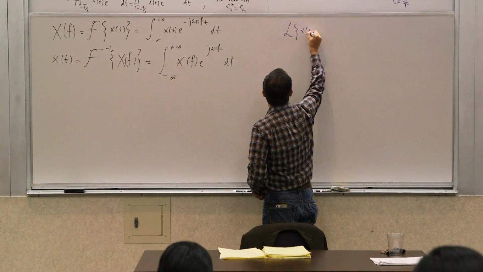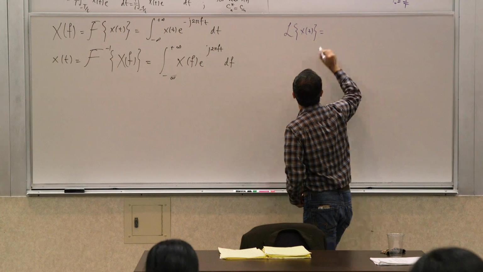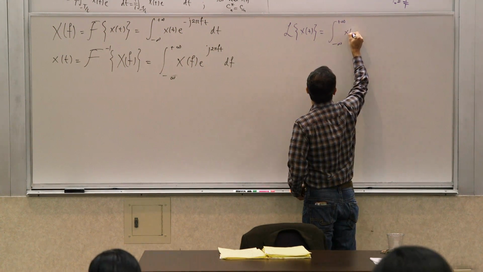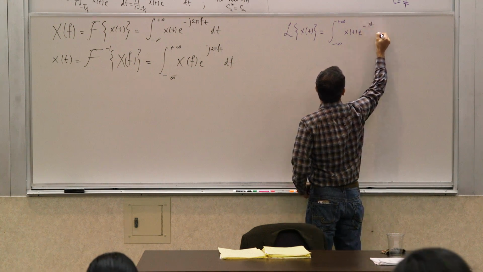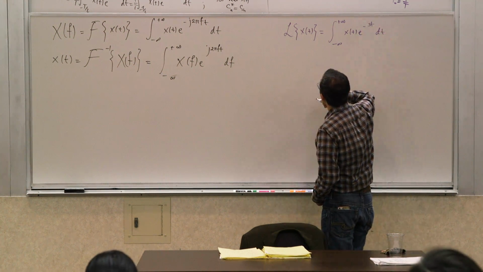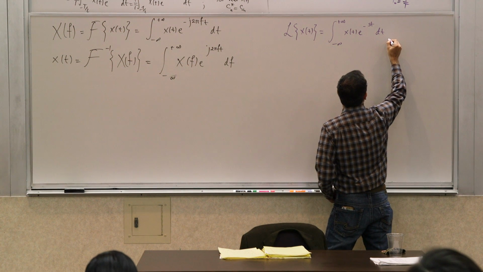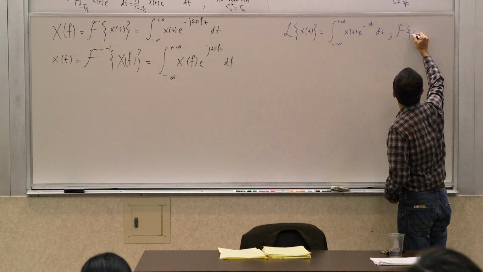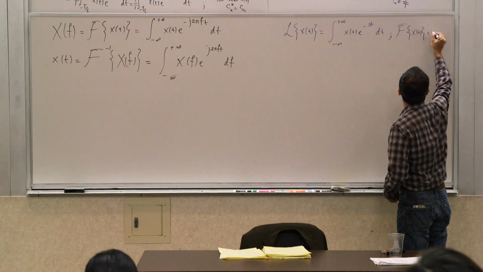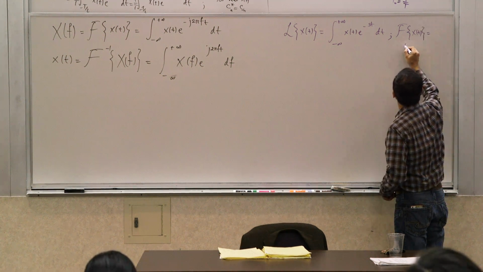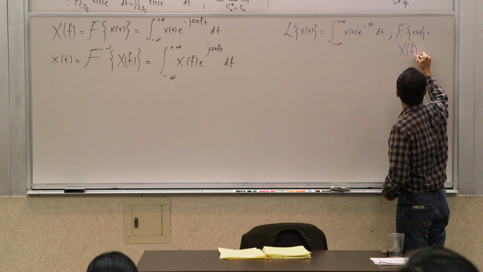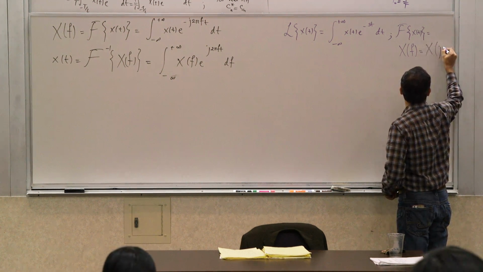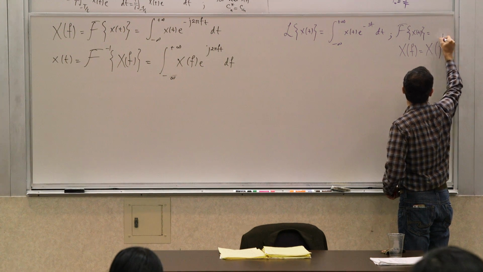What was the Laplace transform of x of t? It was the integral from negative infinity to positive infinity of x of t e to the negative st dt. But now, if you look at it, you will see that the Fourier transform of x of t, if we show it as X of f, is the Laplace transform evaluated at j2 pi f, or j omega.